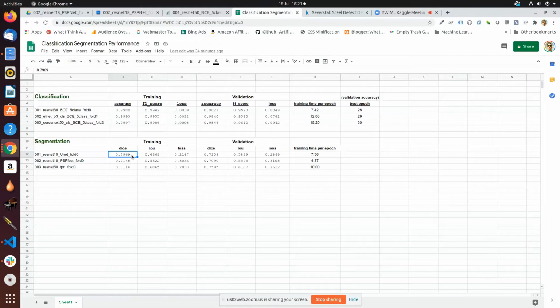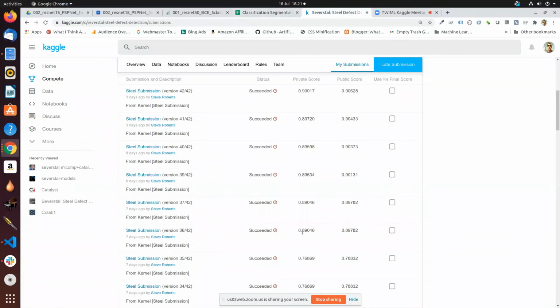What I wanted to do was, here I've only submitted from his ensemble. If I look here, here's where it started. This score here is with one segmenter and one classifier, so it is an ensemble of the two, and that was just slightly below.